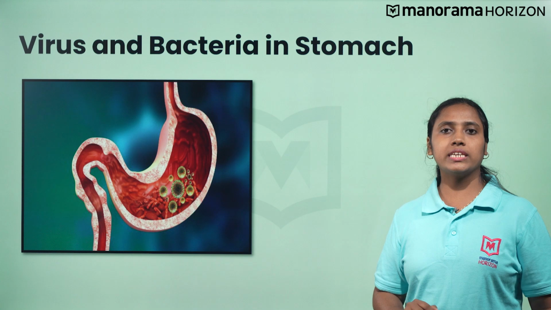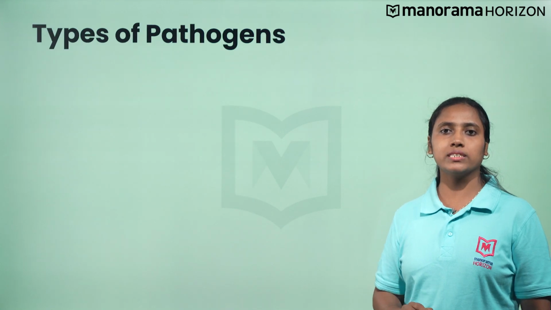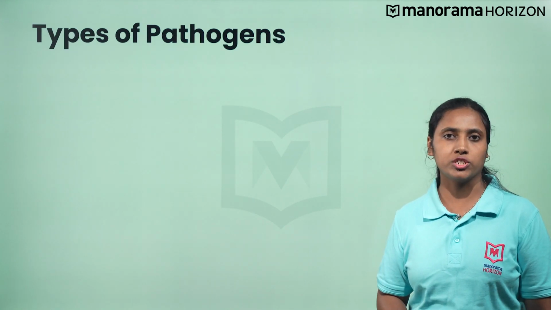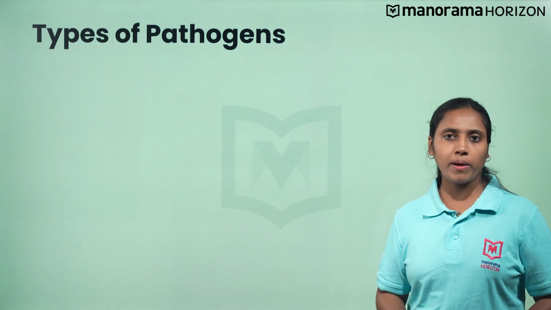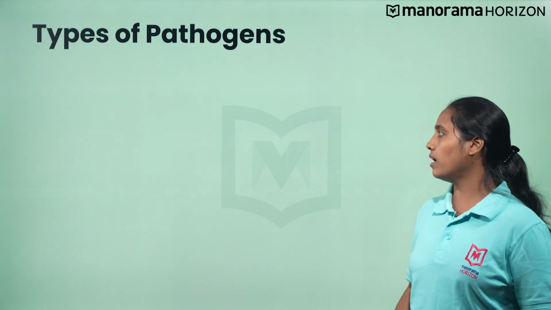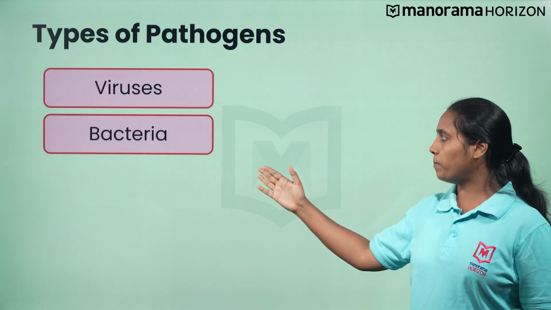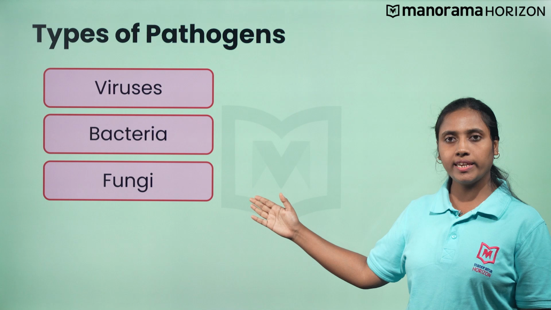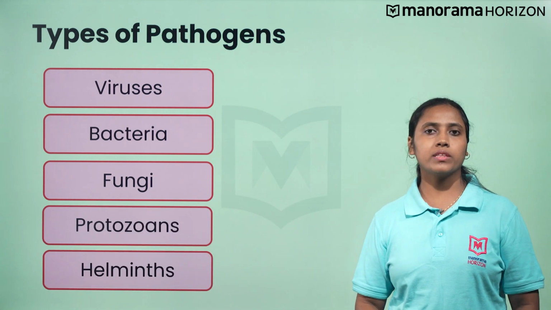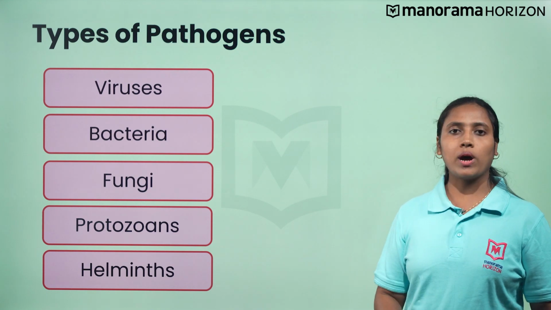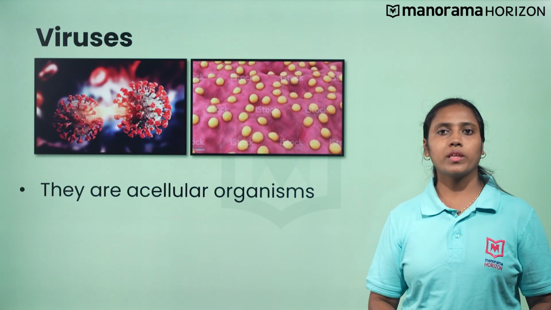Let us discuss in detail the common diseases caused by these pathogens. There are 5 different types of pathogens. They are viruses, bacteria, fungi, protozoans, and helminths. Let us discuss one by one in detail.